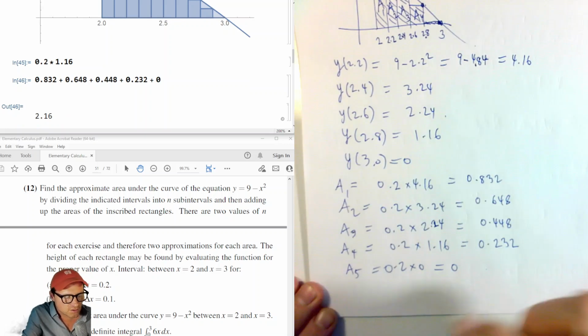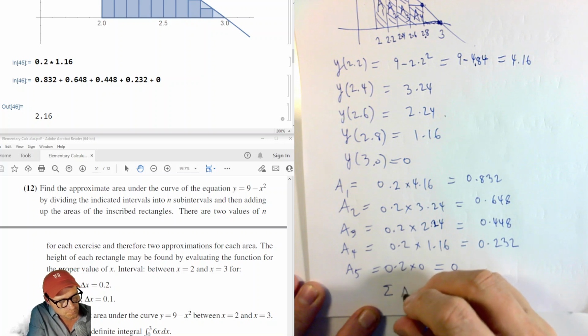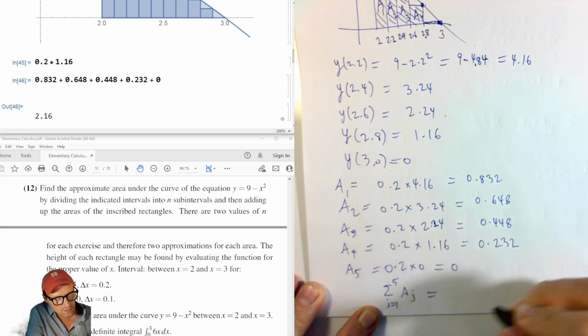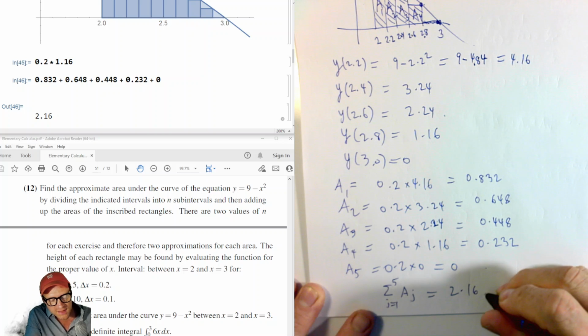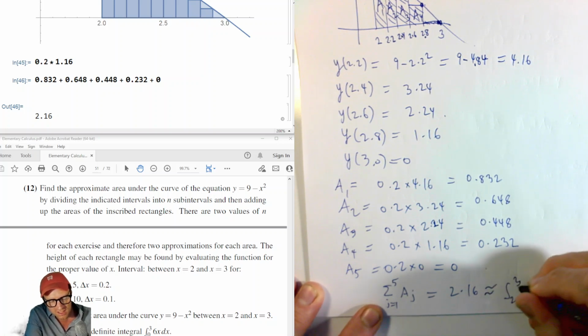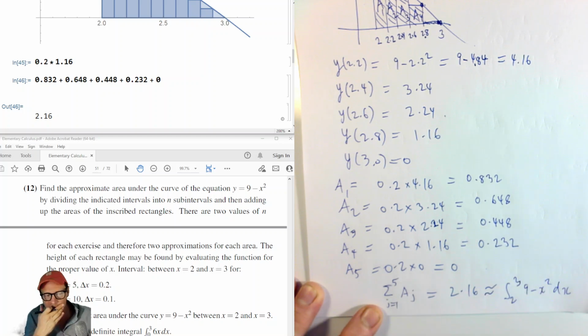Okay, so the sum of all these is equal to 2.16. All right, and that should be an approximation of the integral from 2 to 3 of 9 minus x squared with respect to x.